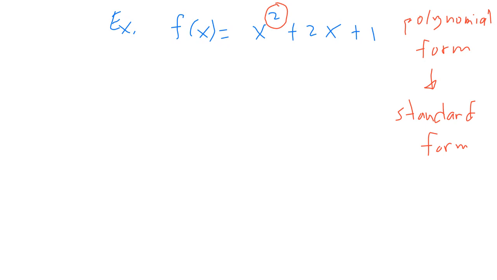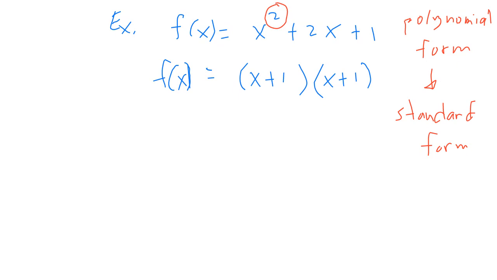If you're going to do that, it's just going to apply your skill in factoring. This is a perfect square trinomial, so the factored form would be x plus 1 times x plus 1.